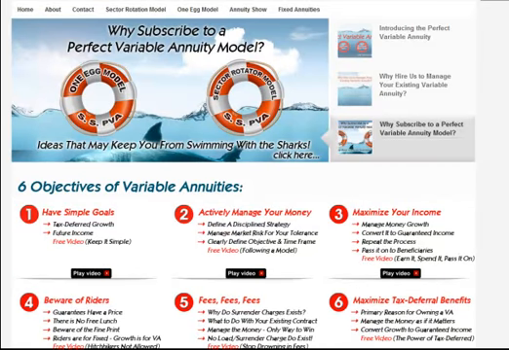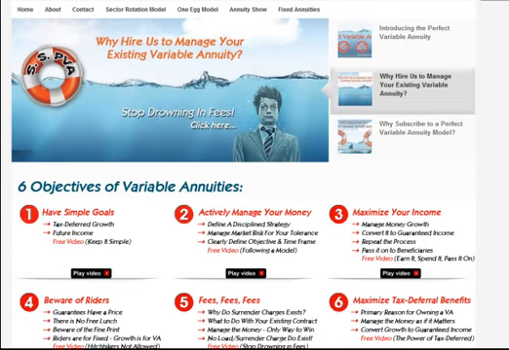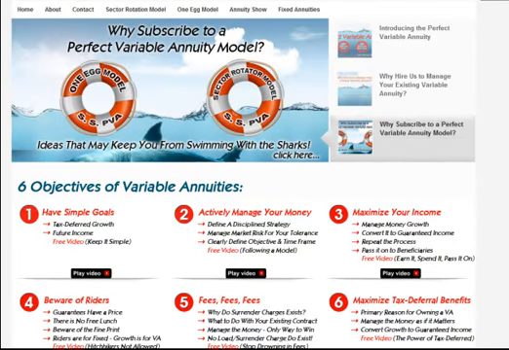If someone is offering you a variable annuity as a solution to your investment portfolio, and they don't believe that they can manage the money and make more than 5% to 6% per annum on your money, why are they offering it to you to start with?